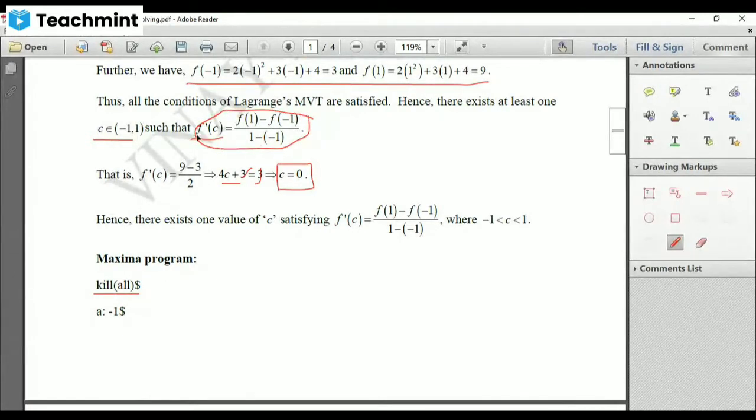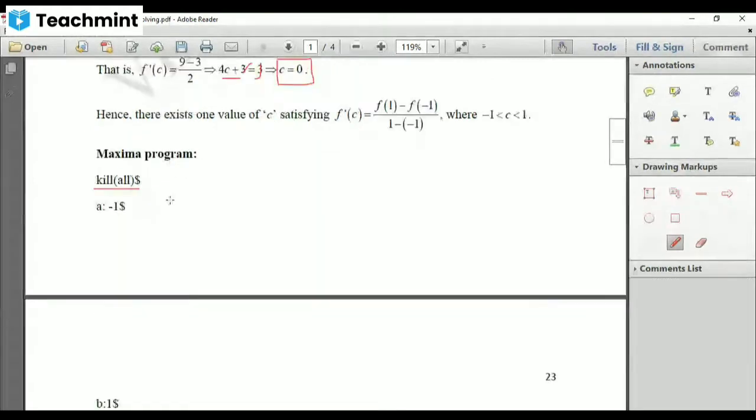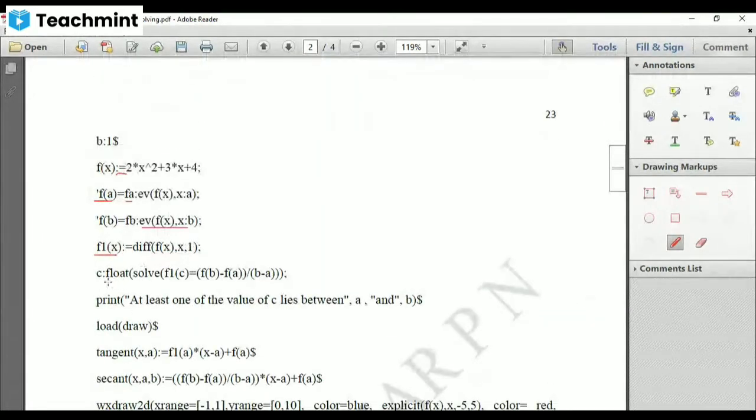So your f dash of x: solve, see, float, because it's a real number, so we'll use floating point decimal, float of, within this bracket, float of solve. Which one do you have to solve? Solve f dash of c, that is f1 of c. F dash of x is stored in f1.